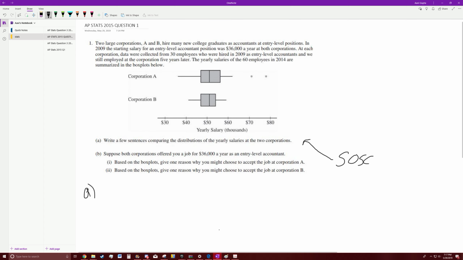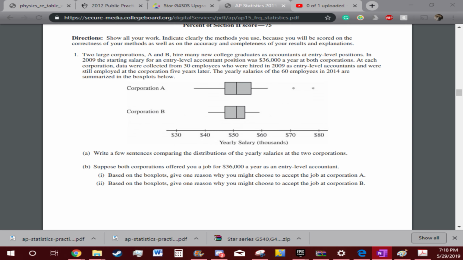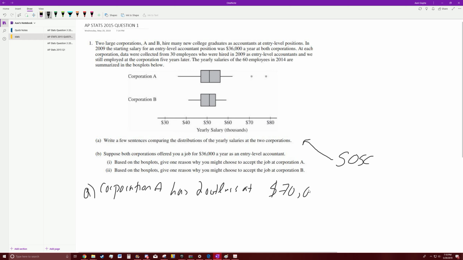Let's see. We can talk about how Corporation A has two outliers at about $70,000 and $78,000.